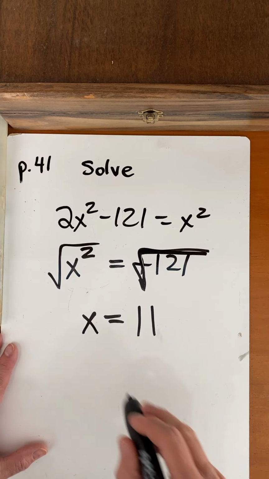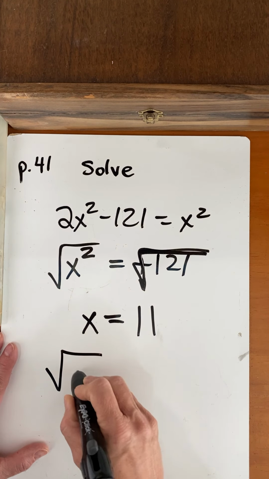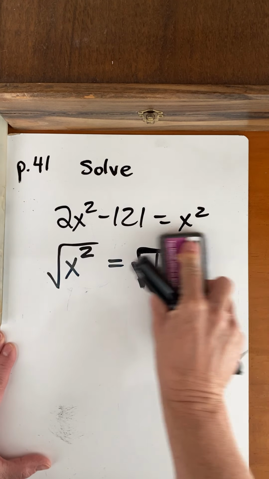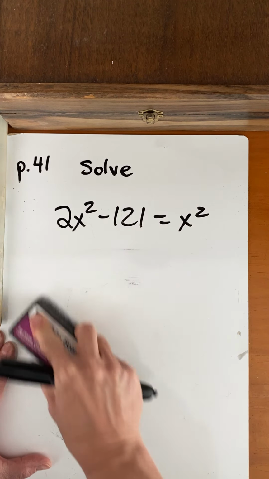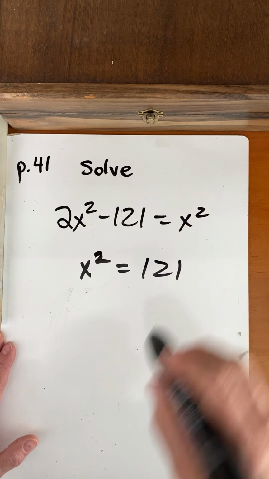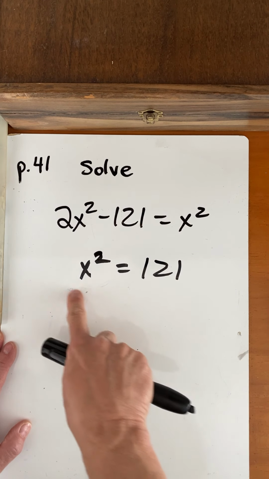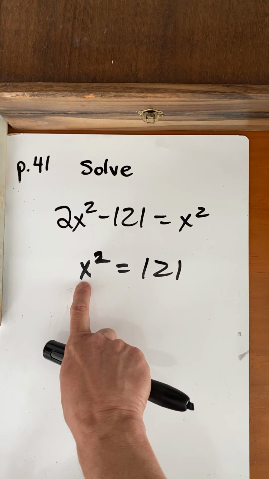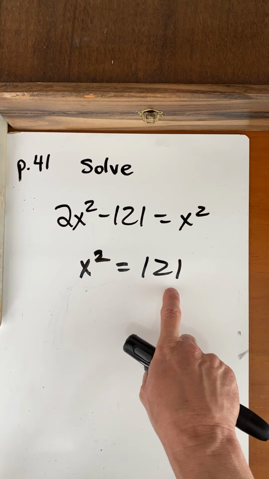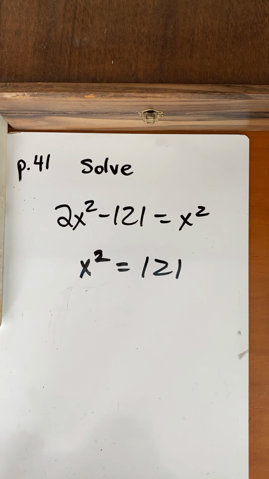Now, this is an example where if you had x squared equals 121, did the textbook or I or anybody else write the square root sign for you? No. Who's deciding to square root both sides? You are.